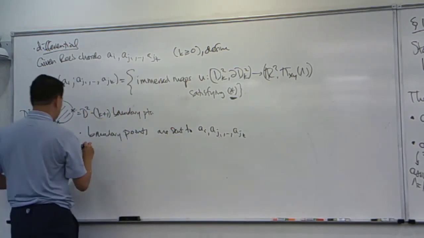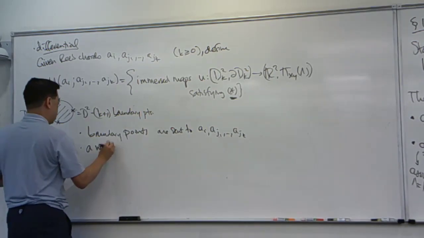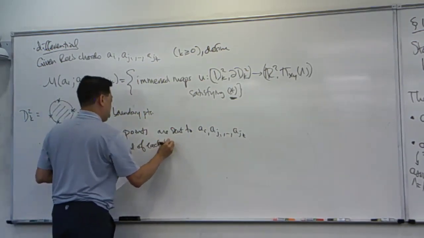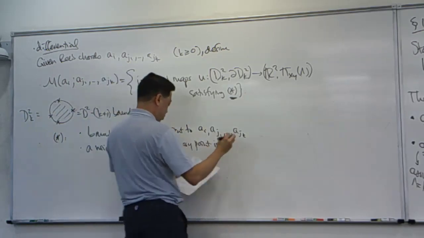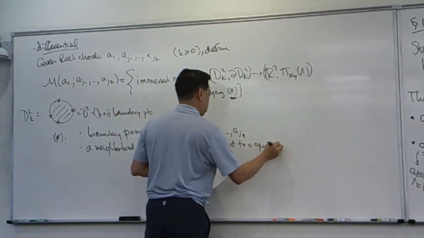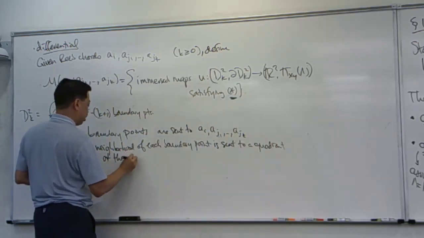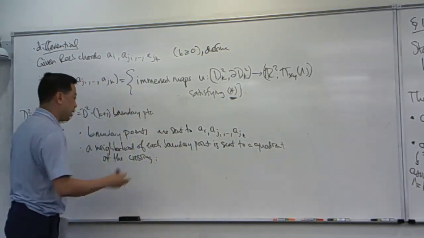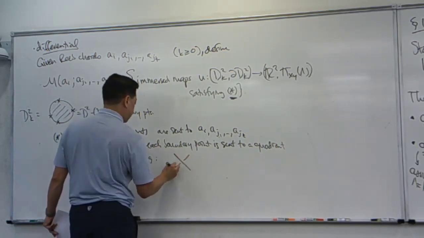And what about the neighborhoods? The boundary point is sent to a quadrant of the relevant crossing. Each crossing looks sort of like this.